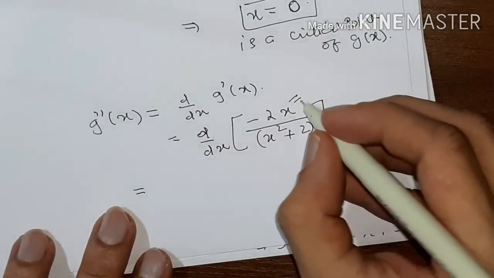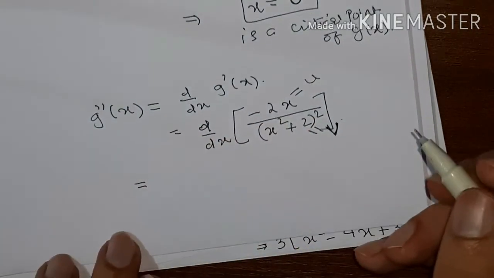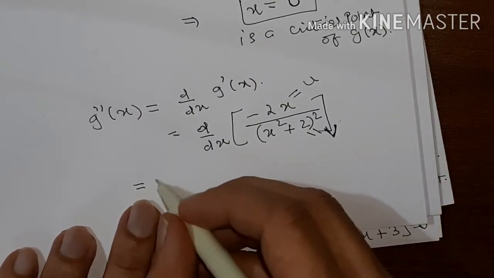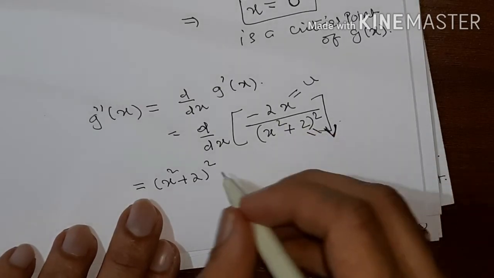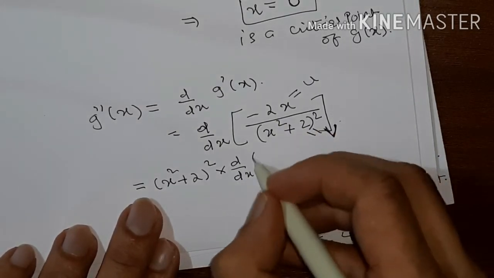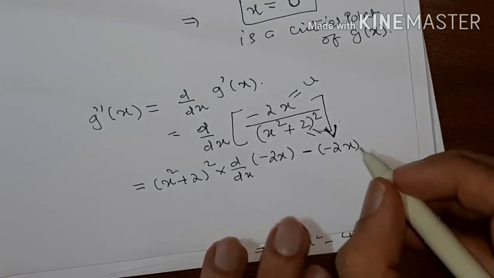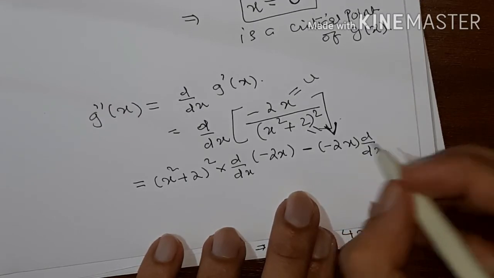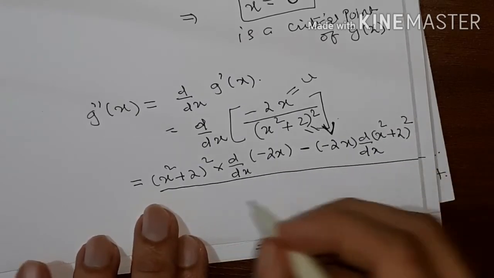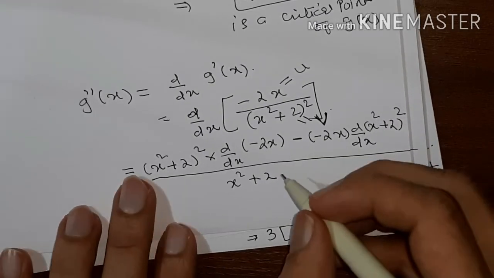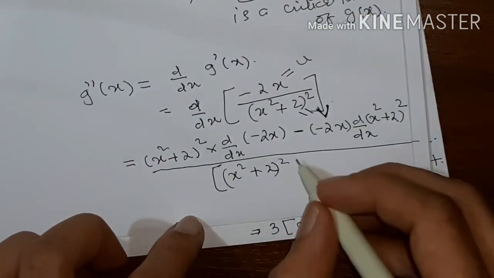So now what is that? This is the derivative of u by v, so the u by v rule you have to use. So v, that is x square plus 2 the whole square, times the derivative of u, that is the derivative of minus 2x, minus u times the derivative of v, that is of x square plus 2 the whole square, divided by v square, that is x square plus 2 the whole square, the whole square.